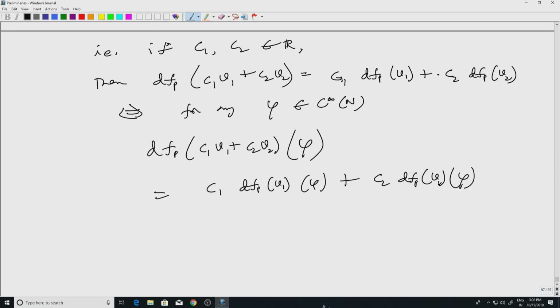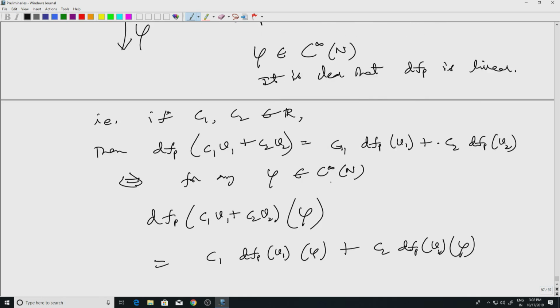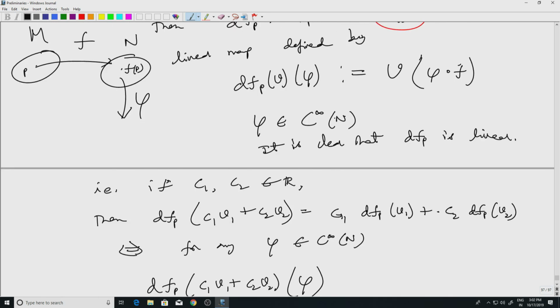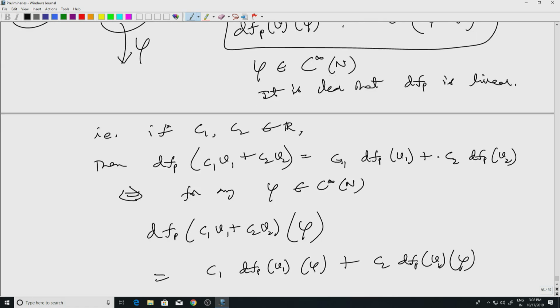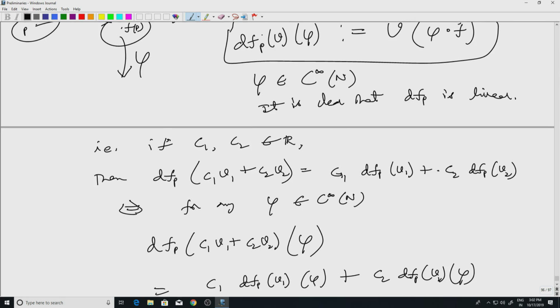At this point, everything is just a number. The left hand side is a real number, right hand side is a real number. So at this point, we just go back to this equation here, and then everything becomes immediately clear, because after all, the left hand side is c1 v1 plus c2 v2.